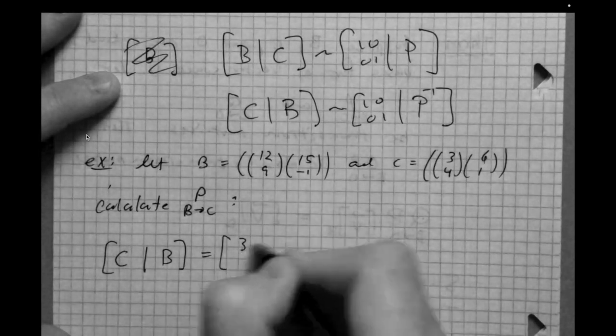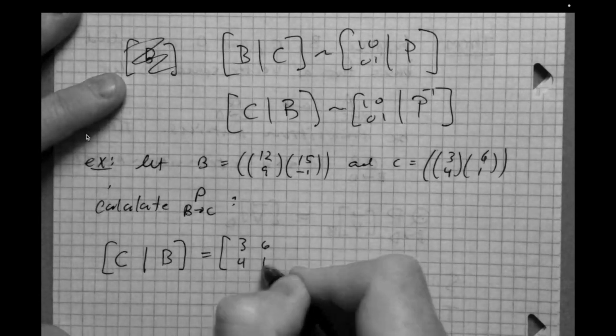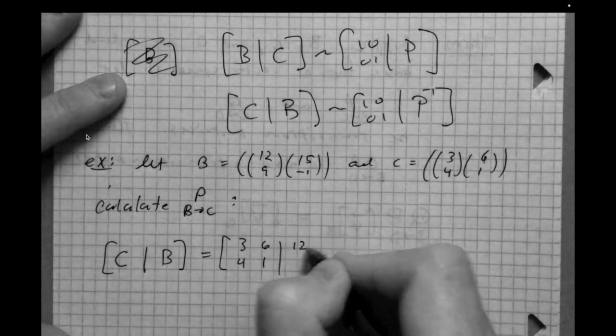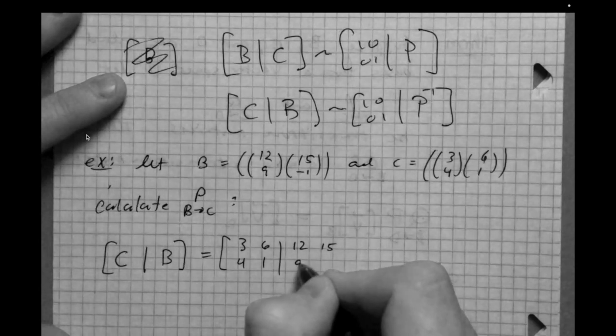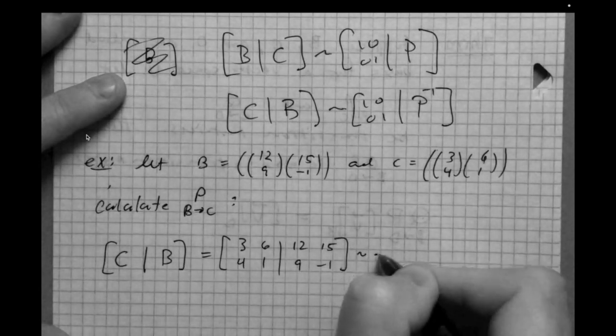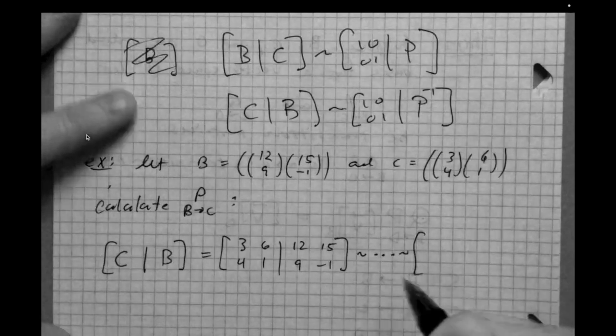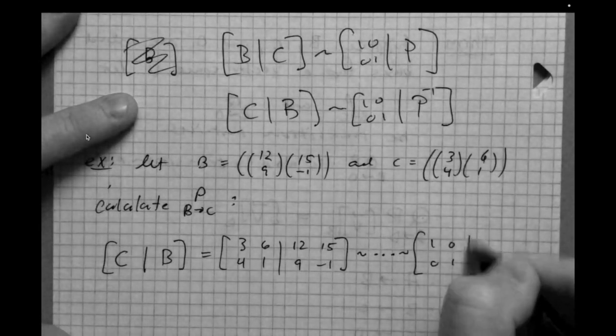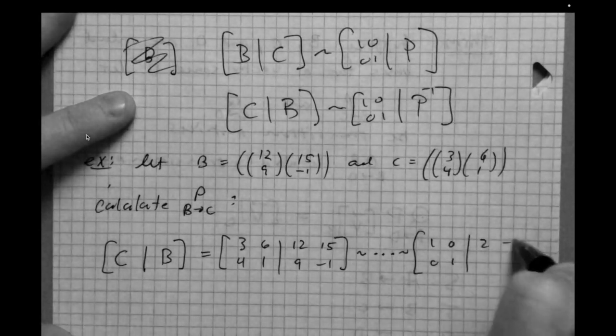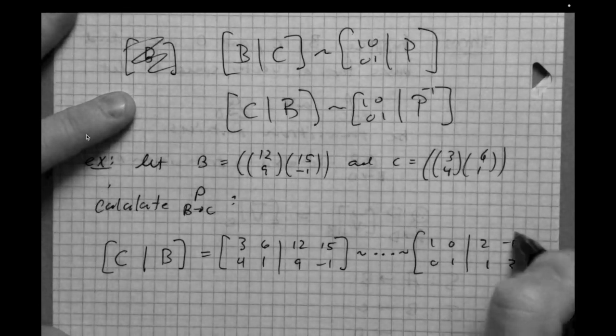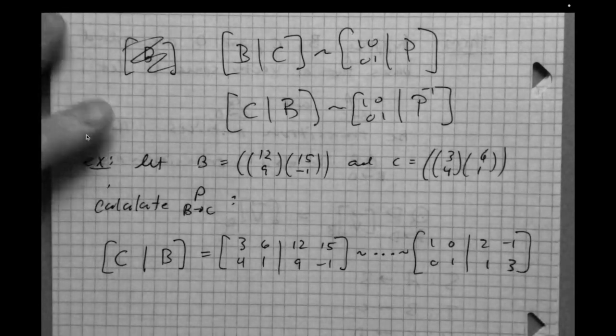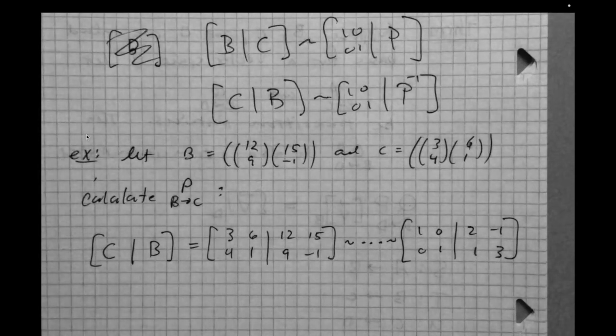So that's 3, 6, 4, 1, and then 12, 15, 9, -1. You can, again, pause the video and double check that this works. I'm not just making this up. And you can see that obviously we get to that. We've seen this though, this is not new.